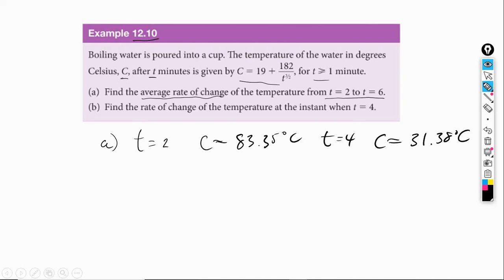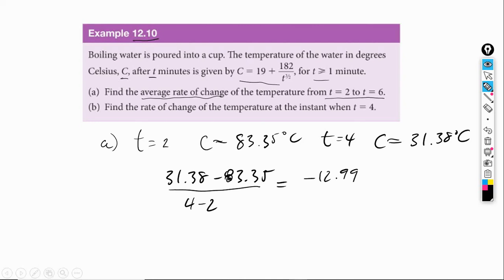Therefore, the average rate of change would then be difference in y over difference in x. So 31.38 minus 83.35 divided by 4 minus 2. And this is going to give us about negative 12.99.